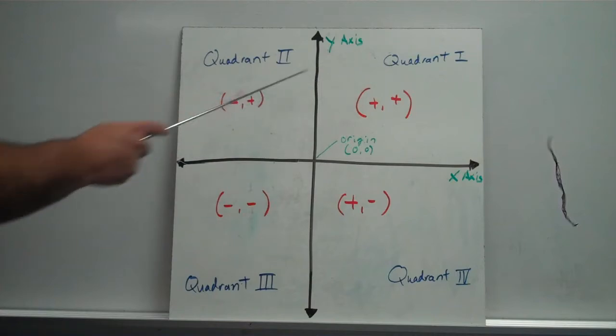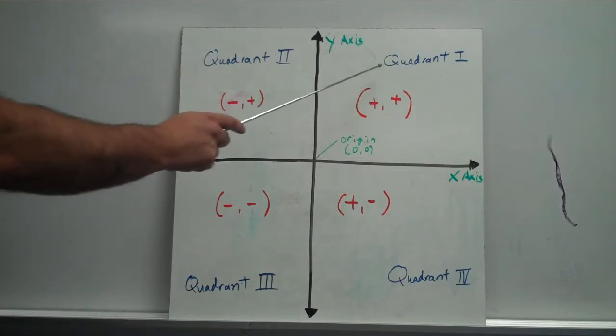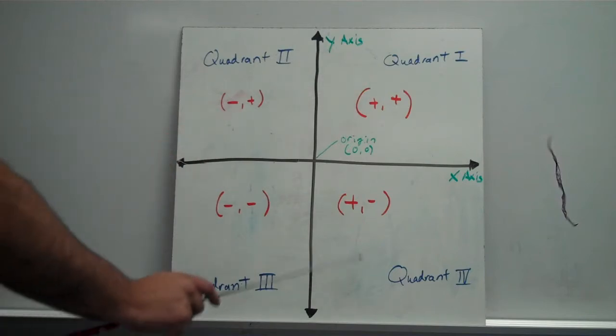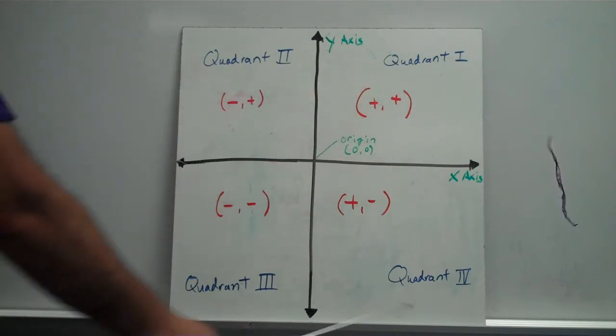There are four portions on the graph. Those are broken up into quadrants, quad being the Latin for four. They go in a counterclockwise rotation, and we use Roman numerals to denote them. This is quadrant 1, quadrant 2, quadrant 3, and quadrant 4.